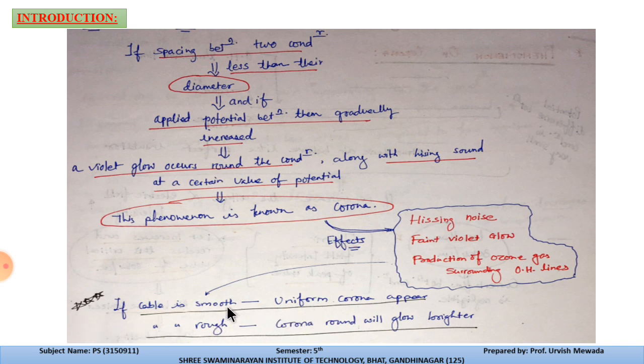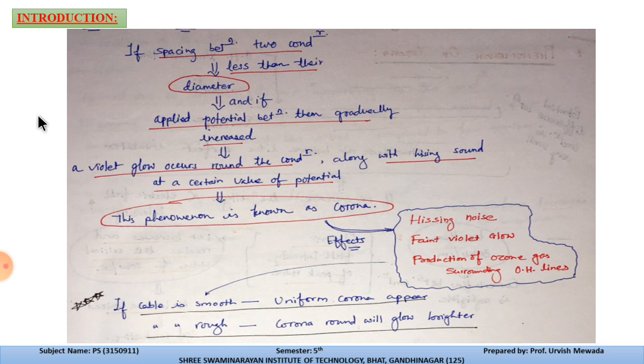If the cable is rough, then the corona glows brighter than in the smooth case. So if the conductor surface is rough, the corona is easily seen, its appearance is very bright.